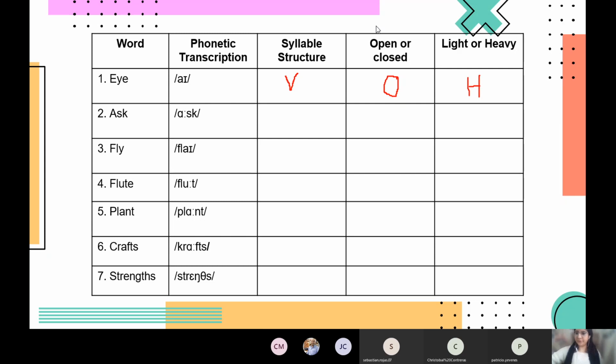So off you go. You are going to have a couple of minutes to complete this table. And I'm going to ask you for your answers later.